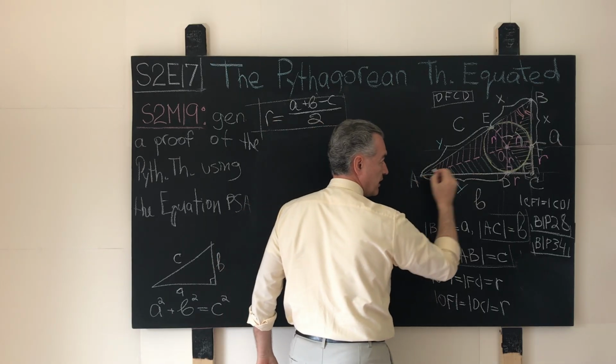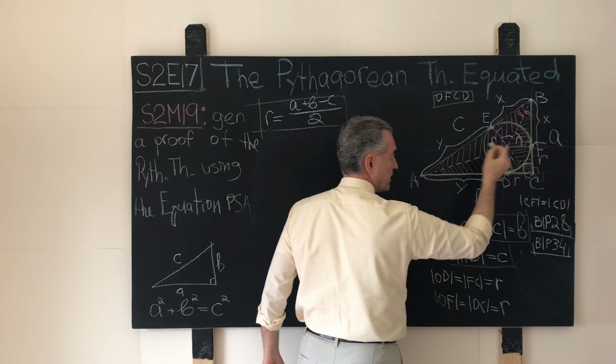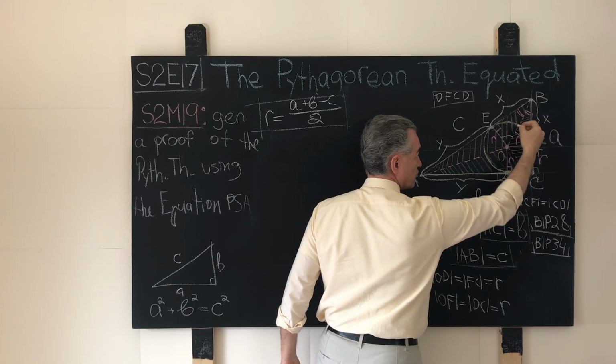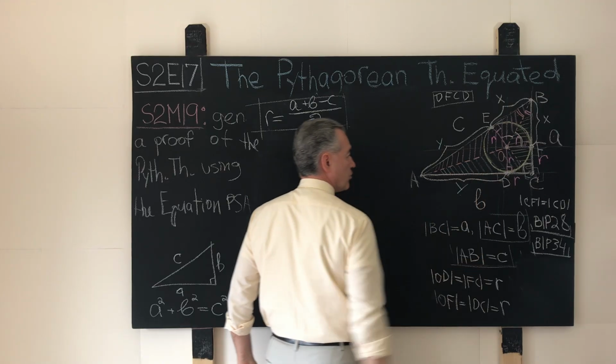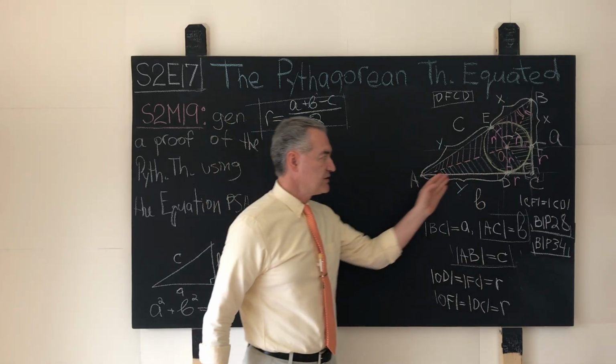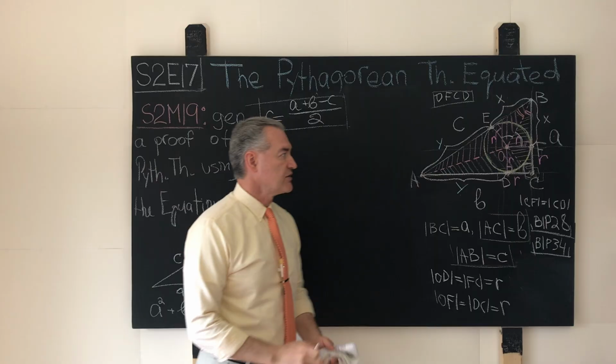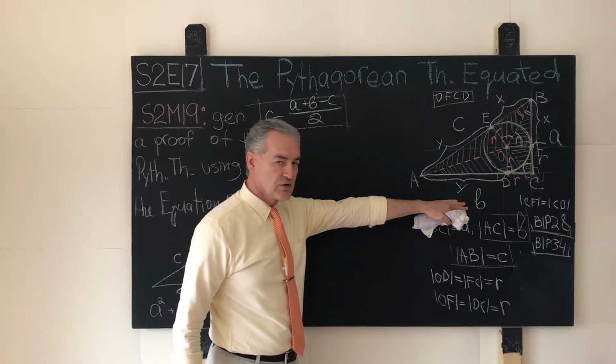The triangle AOB I hatched with red, the triangle BOC I hatched with yellow, and the triangle COA I hatched with blue. So hopefully you can see this partitioning very nicely on the diagram on your right.